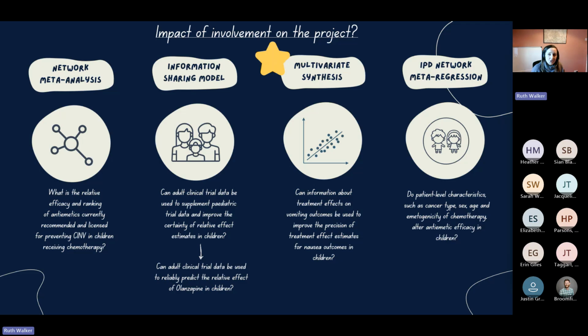I think it also gave weight to us trying to understand through the multivariate synthesis this poorly reported outcome of nausea. And we actually found within these analyses in the end that this synthesis method didn't meaningfully improve the precision of nausea, primarily due to a lower than expected correlation between the treatment effects of vomiting and nausea outcomes.